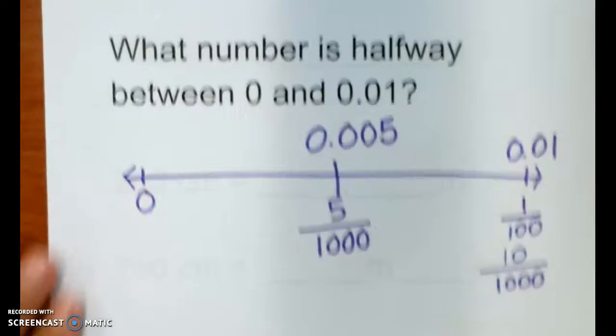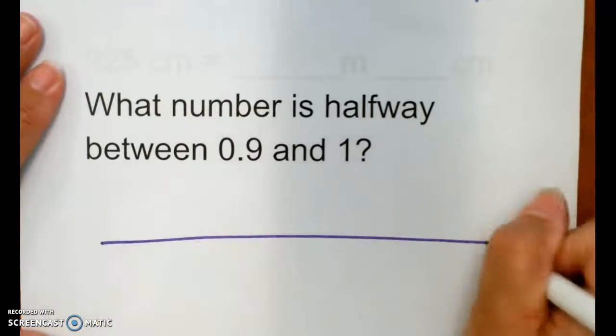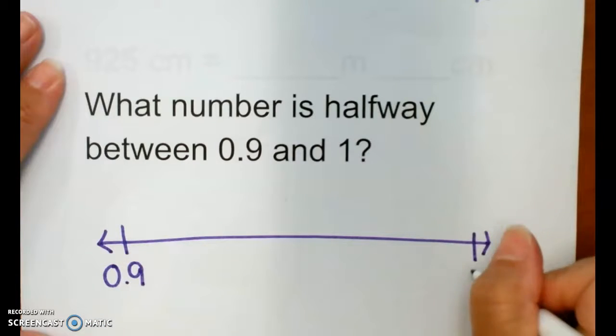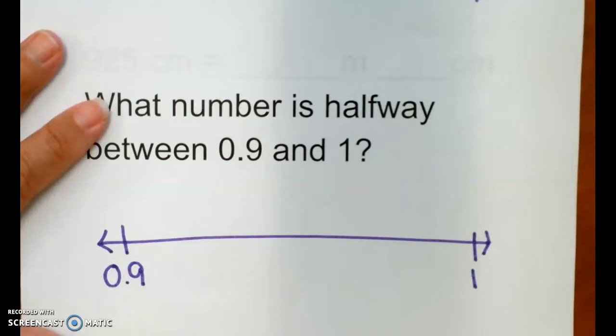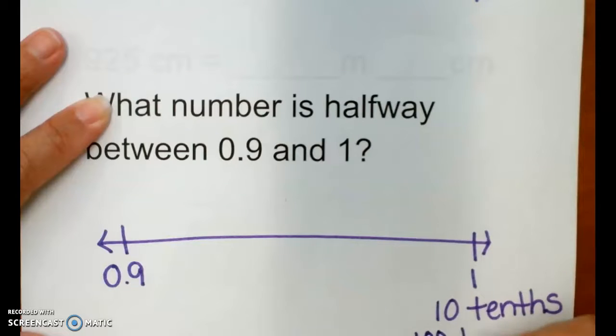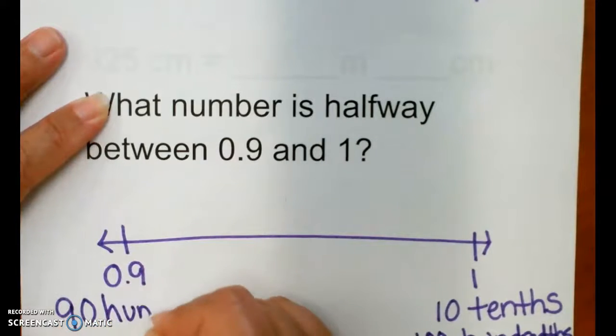Okay, you're doing great. Now, what number is halfway between 9 tenths and 1? So now I have 9 tenths and I have 1. How many tenths are in 1 whole? 10 tenths. Or 100 hundredths. 9 tenths is the same as 90 hundredths.